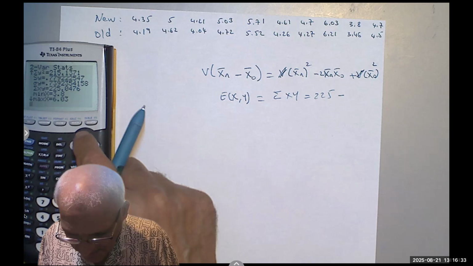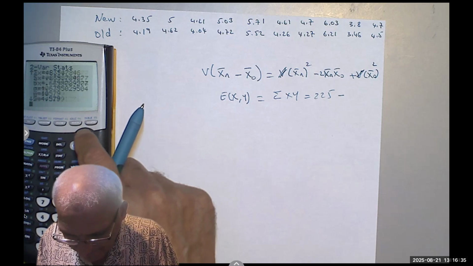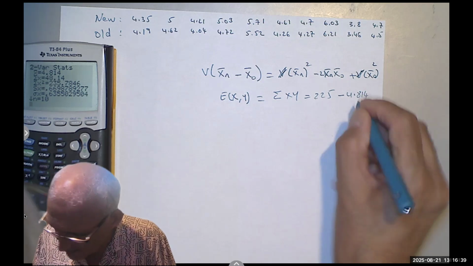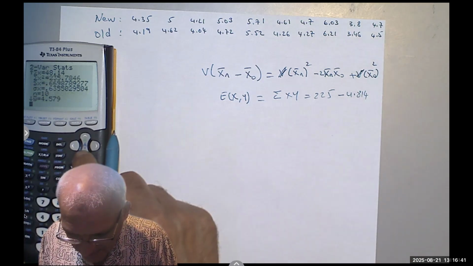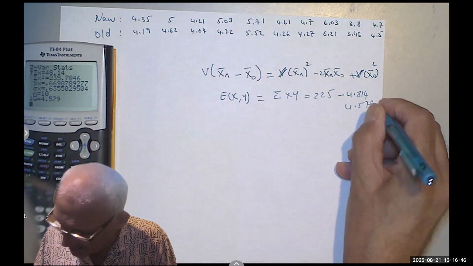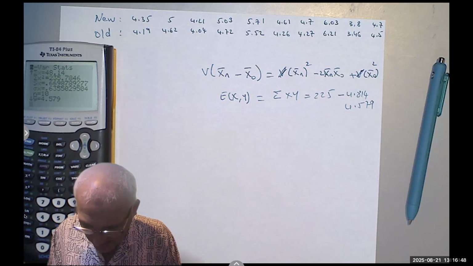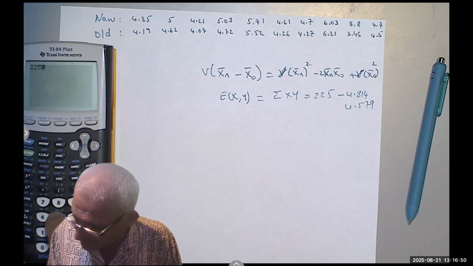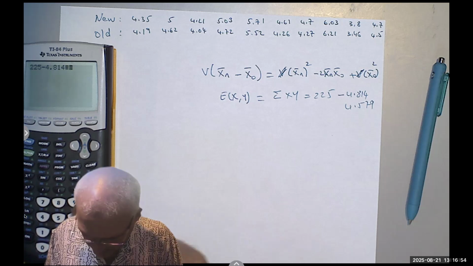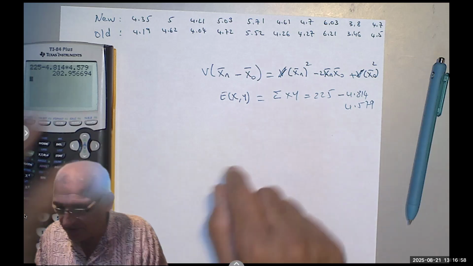So 225 minus 4.814 times 4.579. And you can see that this number is large. And you get 202.